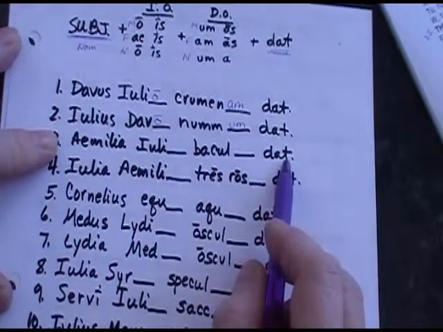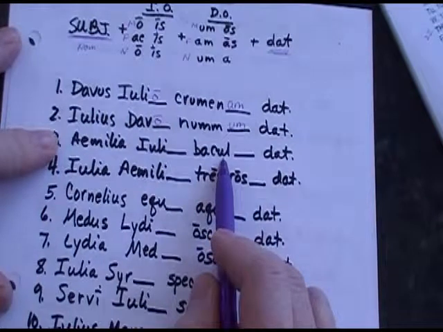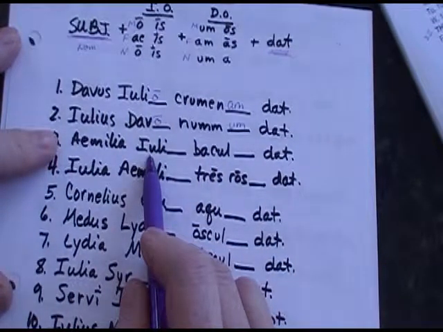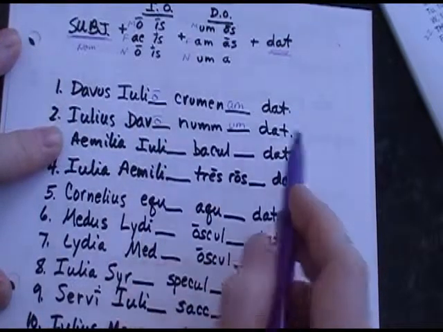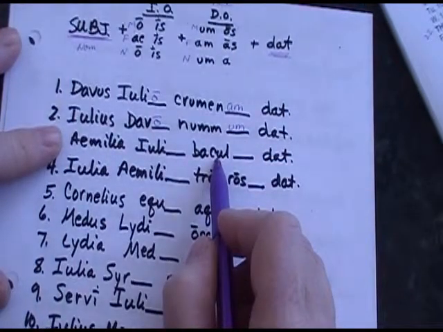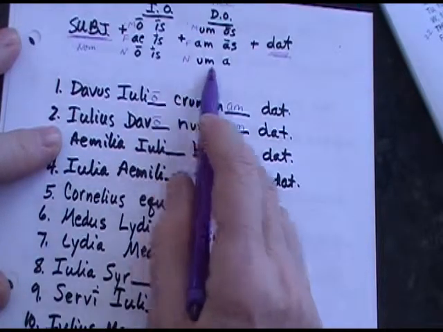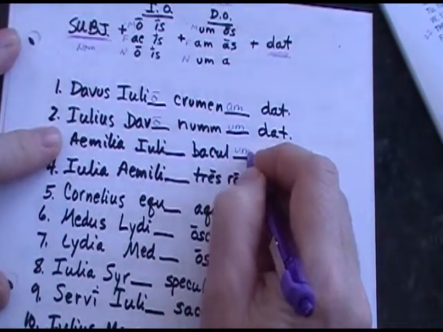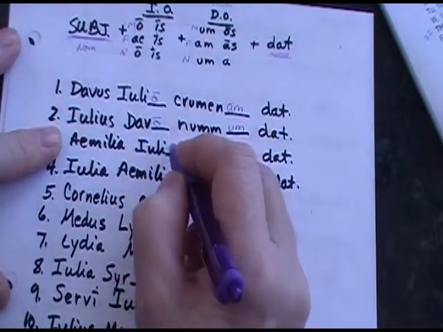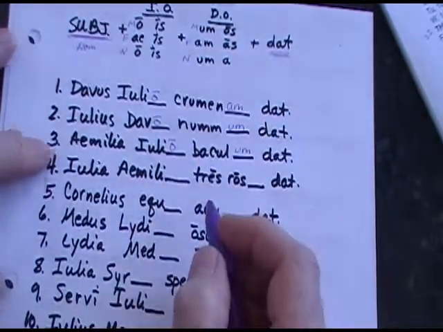So Amelia is giving a stick to probably Julius. She probably wouldn't give a stick to Julia. So baculum, this is a neuter direct object, and there's probably only one of them, we're going to assume. So it's the ending, and again, masculine, indirect object, dative, Iūliō.